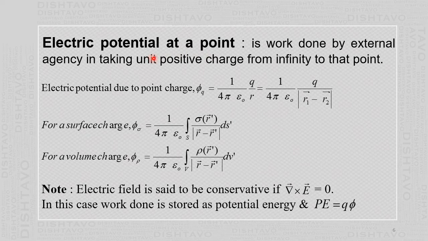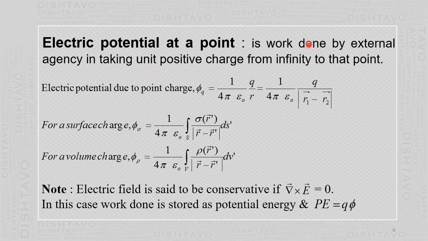Now, suppose the source charge is positive, and you move another test charge, a positive charge, from infinity toward the source charge. Then it will get repelled, so an external agency has to do work to bring it closer to the source charge. Suppose the source charge is negative, then the test charge will get attracted toward that negative source charge.